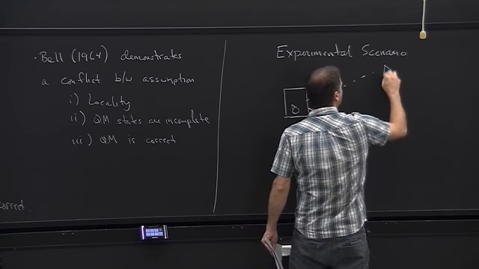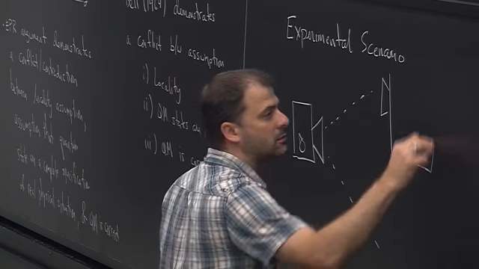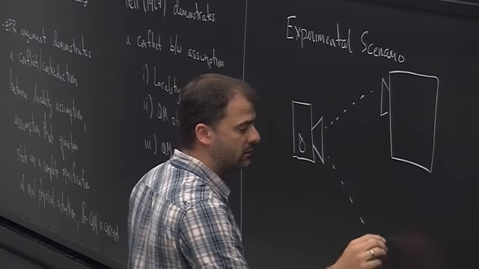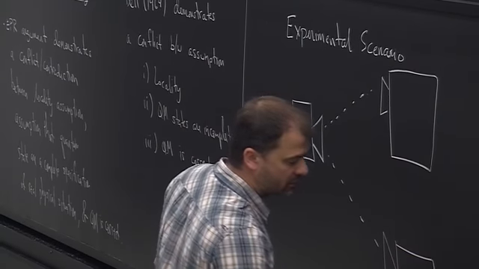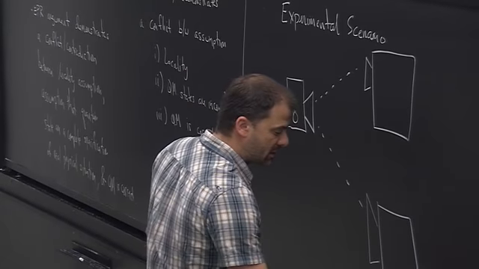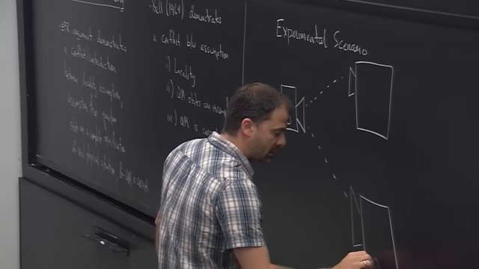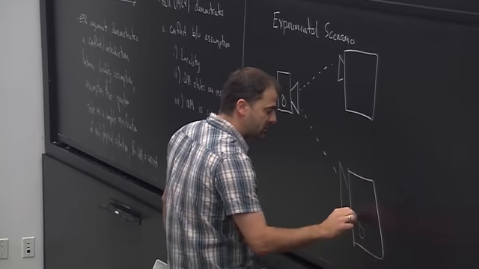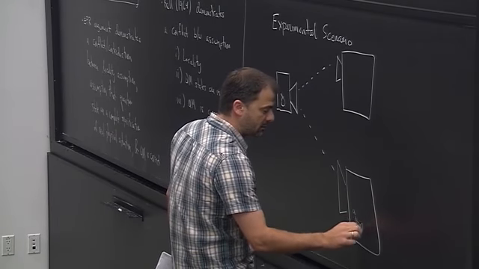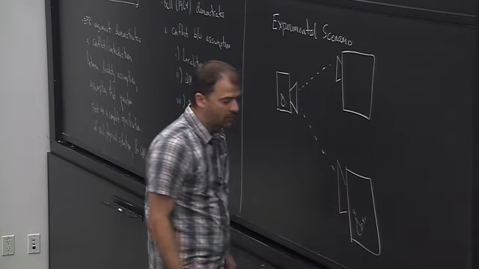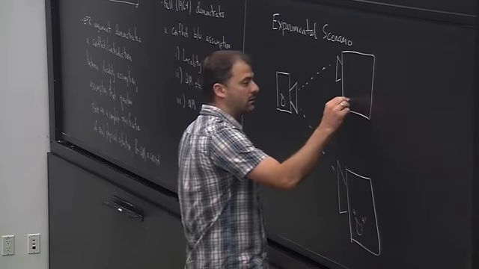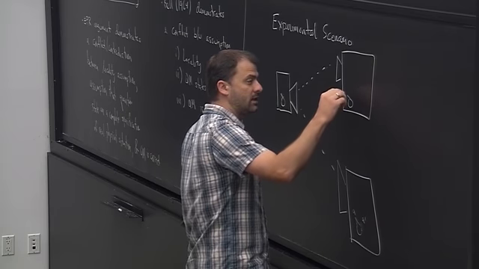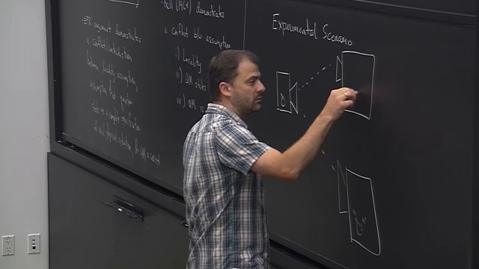One particle goes into a box over here, and another particle goes into a box over here. This box has a pointer on it, and we can choose setting A or A prime. And over here we have another setting, which is B and B prime.